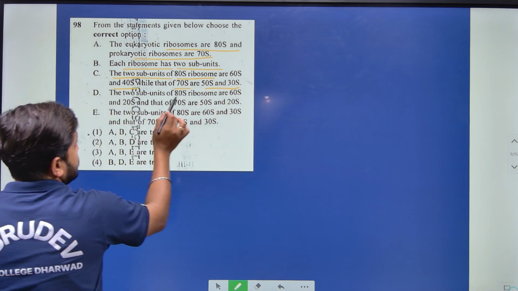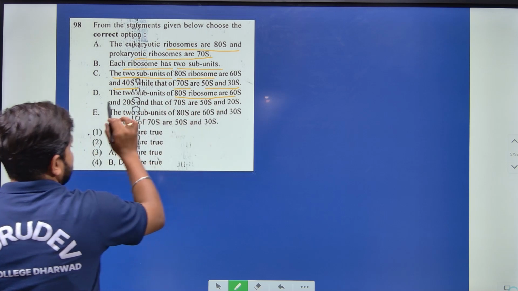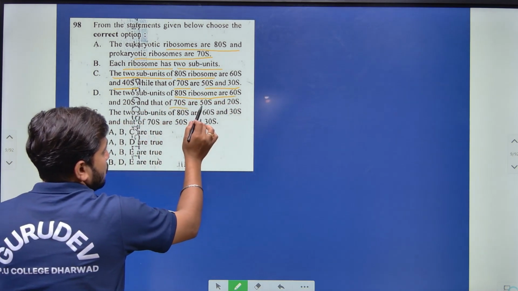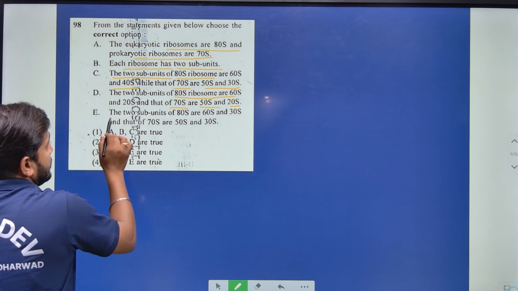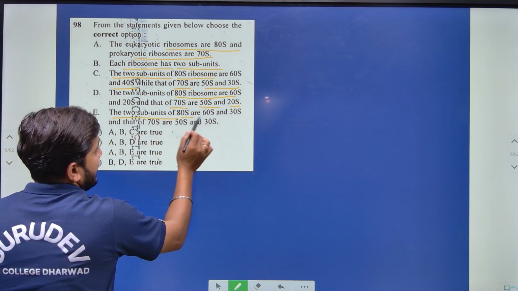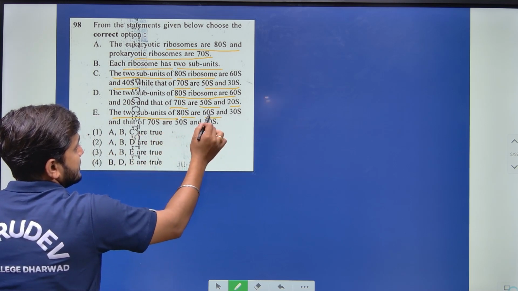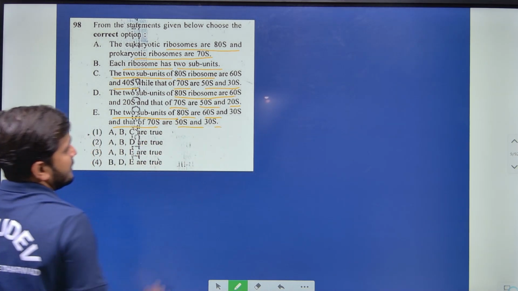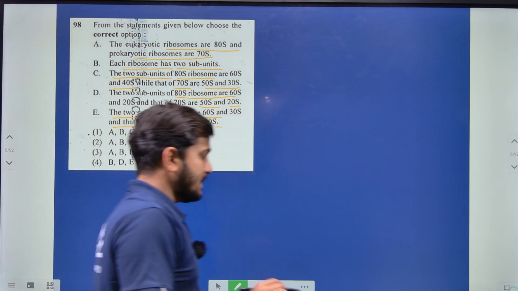Another option says the subunits of 80S are 60S and 20S, and 70S has 50S and 20S. Another says the two subunits of 80S are 60S and 30S, and those of 70S are 50S and 30S, right?